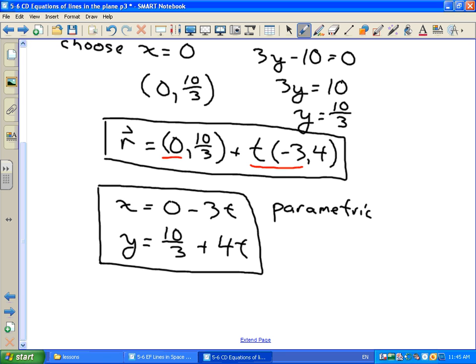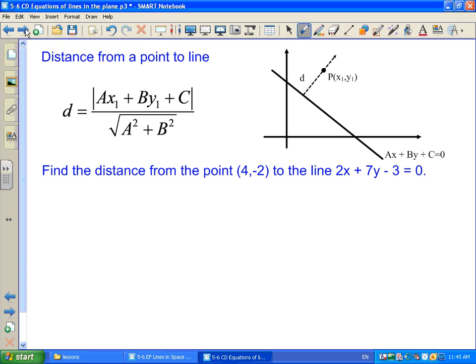The last type of question that you're going to be asked, I think, involving scalar or Cartesian equations is to find the distance from a point to a line. In the past, I've gone through a big, long derivation of how you do this, but this time I'll just show you the formula and explain what it means.